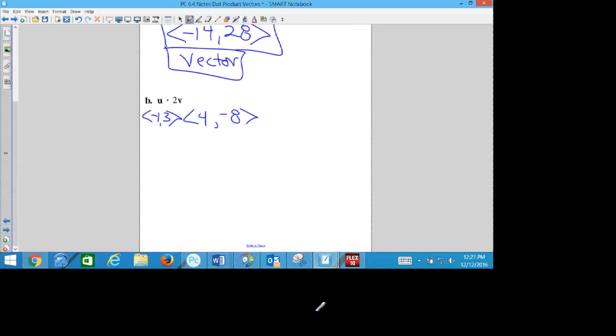So we're going to distribute that, and then we have to multiply these 2 vectors together. So how do we multiply vectors? The dot product, just say the dot product. So we're going to have negative 4 plus negative 24, so negative 28. And is that a scalar or a vector? It's a scalar.